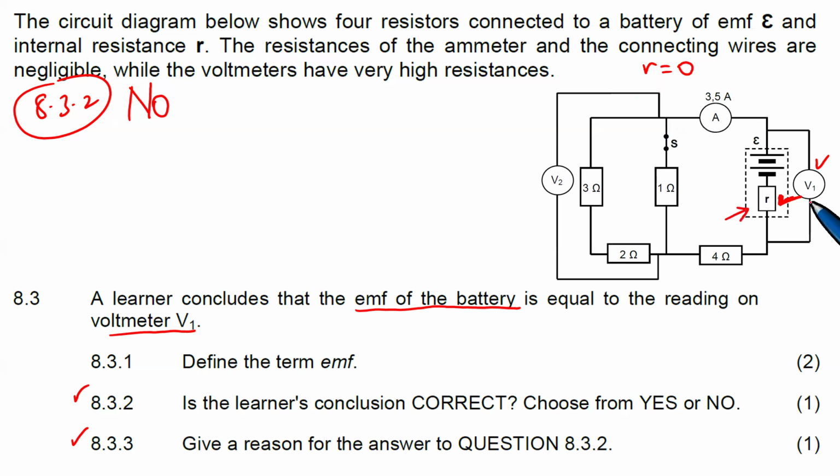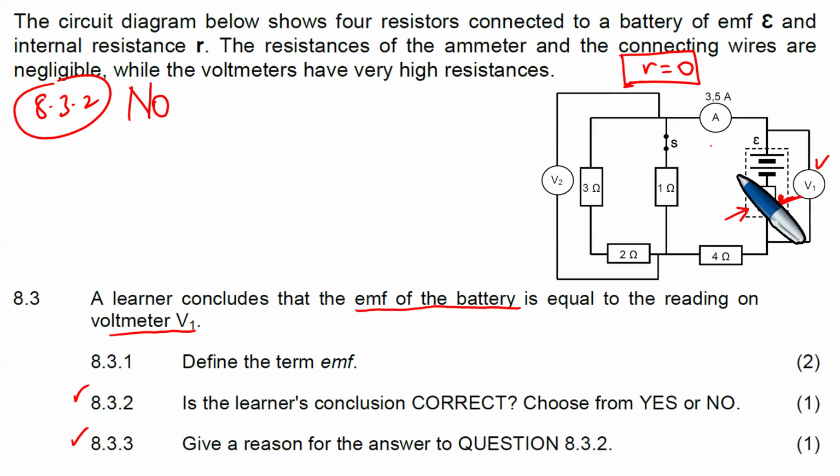Obviously V1 would measure the EMF when the internal resistance is zero. Strictly speaking, we are being very strict in terms of language: if the internal resistance of the battery is zero, we then say V1 measures the EMF.